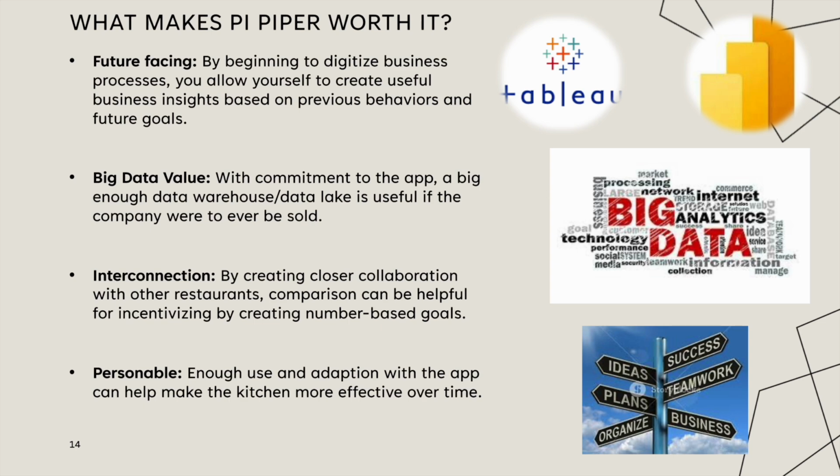Now, what makes PyPiper worth it? Adding a tool to help document and assist analyzing inventory and prep trends in the intermediary process of the ingredients lifecycle can help fill the gaps to identify inefficiencies.